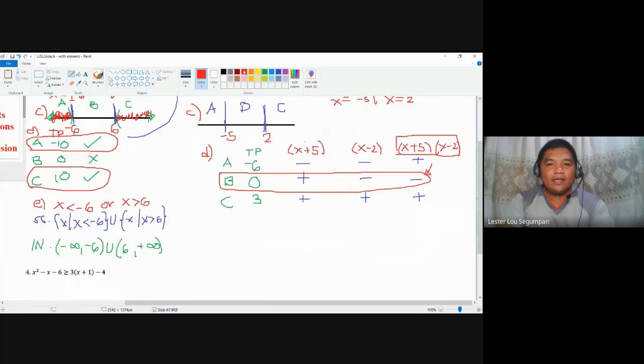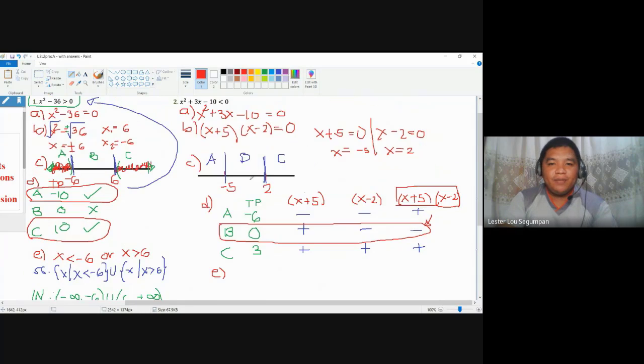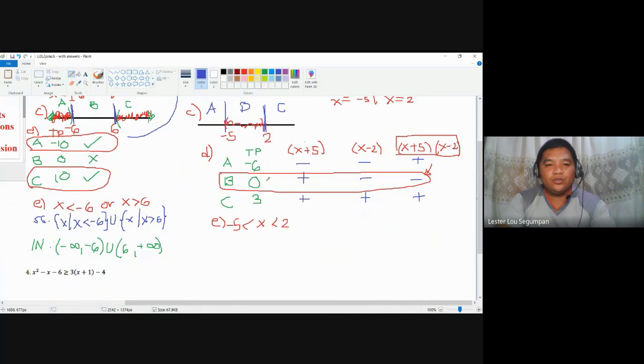Now that we have that, let's decide on our solution. It's region B, between here. So again, this may actually be your graph. It's all values of x between negative 5 and positive 2. The solution set will be a set in set builder form containing the said statement.